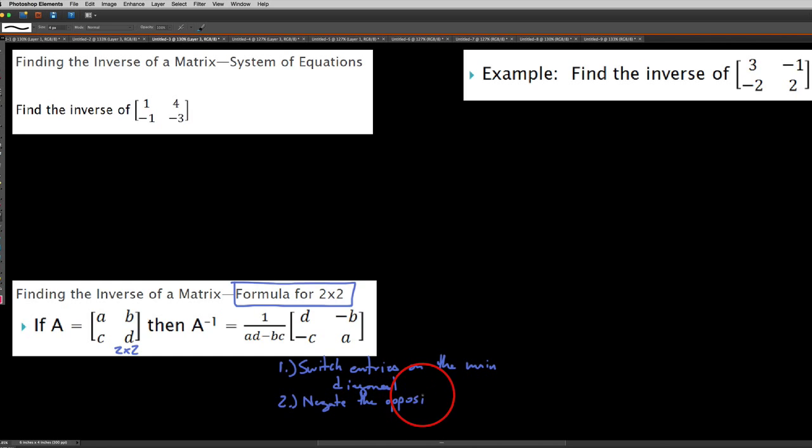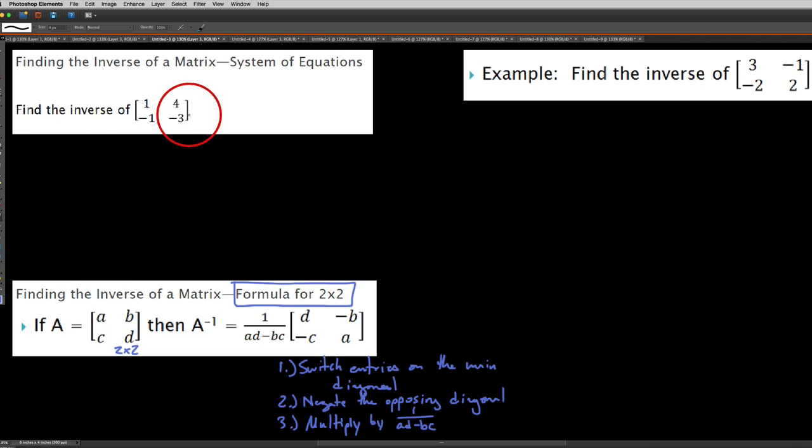Now the opposing diagonal is the one that just runs the other way. But if we negate the opposing diagonal, you can see that this is negative B and negative C, and over here we started with the matrix having just B and C. So we switch the main, negate the opposing, then there's this last bit to carry out here. We say multiply by the reciprocal, or by 1 over AD minus BC. In other words, the product of the main minus the product of the opposing.